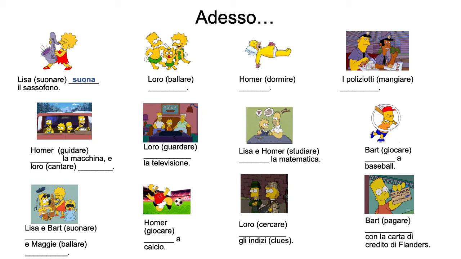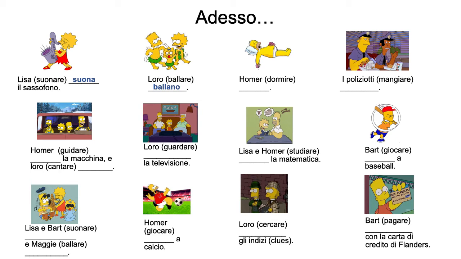Lisa plays the saxophone. In the next image to the right, we have the 3 of them dancing. So it's loro, it's they, right? And I need the form of ballare for loro. Get rid of are and insert the ending for loro, which is ano. Loro ballano. They dance.